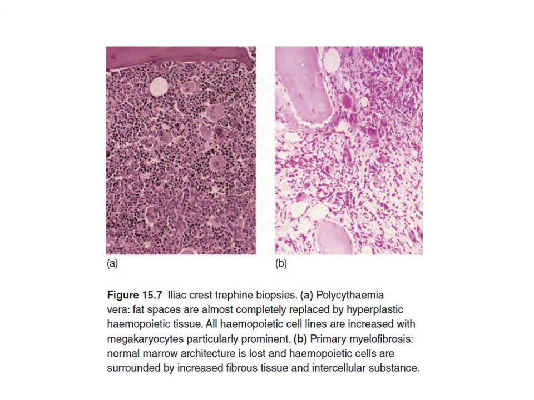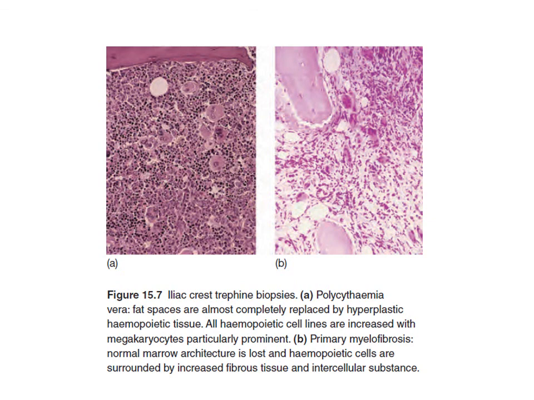Now, this is a picture just to show you an iliac crest bone marrow biopsy. In A, you can see polycythemia vera. Fat spaces are almost completely replaced by hyperplastic hematopoietic tissue. All hematopoietic cell lines are increased with megakaryocytes particularly prominent. These bigger cells in this picture, these are the megakaryocytes.